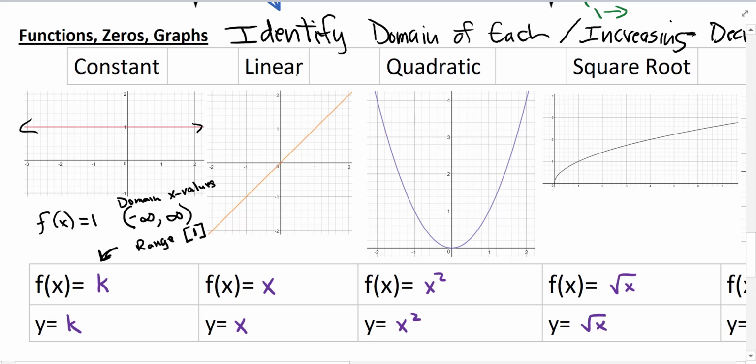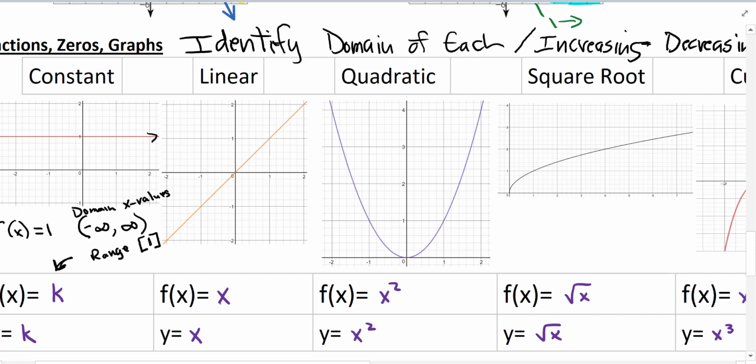All right, so this next graph is a linear graph, and that function is just y is equal to x, or f of x is equal to x. And notice it's indefinitely going up and down, so the range would be negative infinity to positive infinity. But the domain, while it looks mostly like going up and down maybe, while it's going down, it's going to the left, and while it's going up, it's going to the right indefinitely.